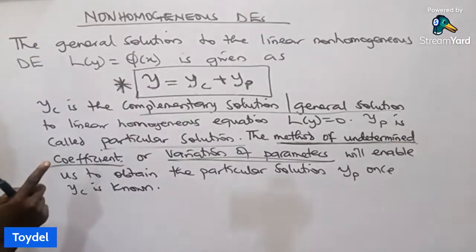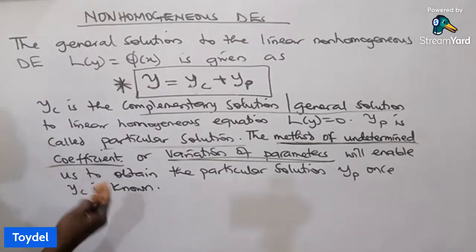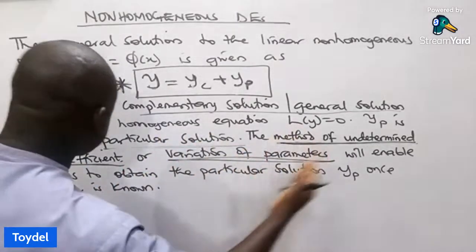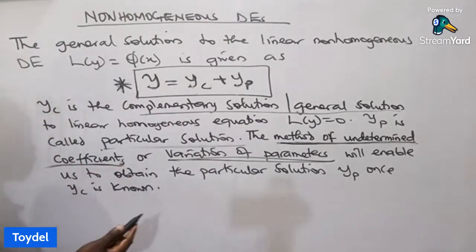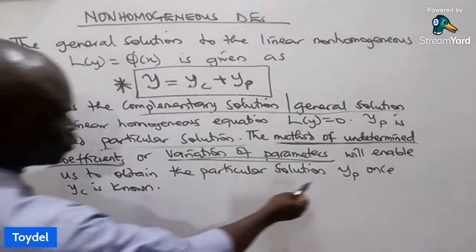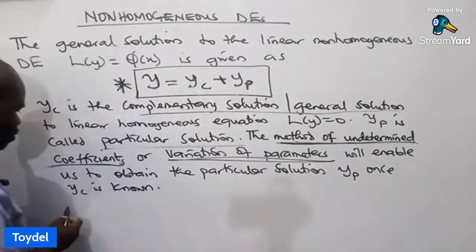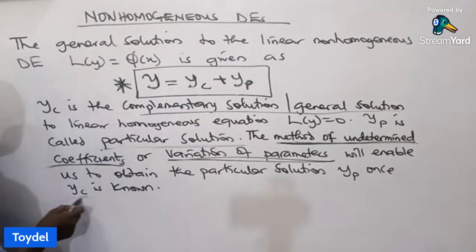In order to find a particular solution, there are two methods that we can apply: the method of undetermined coefficients or variation of parameters. These methods will enable us to obtain a particular solution, y p, once the complementary solution is known.